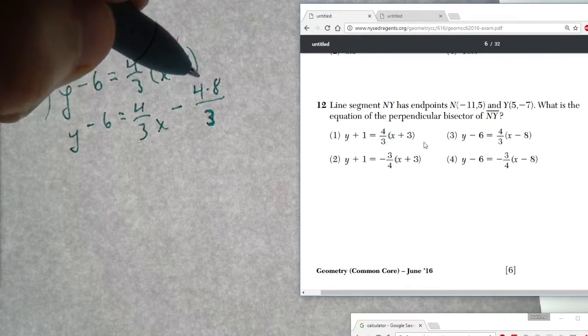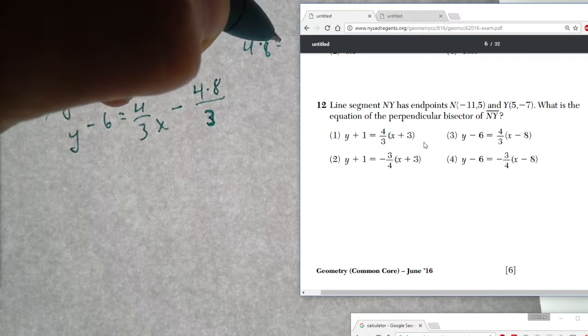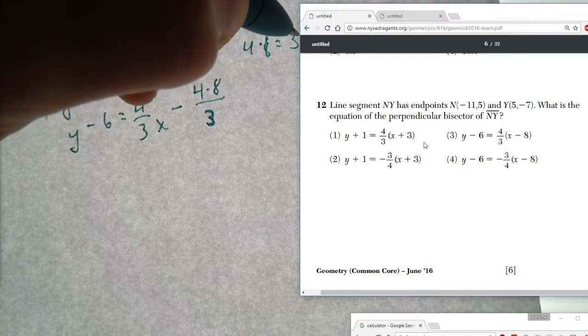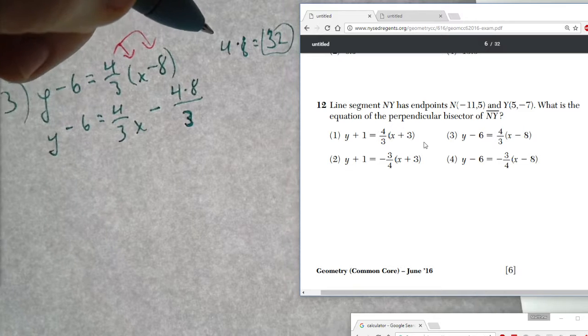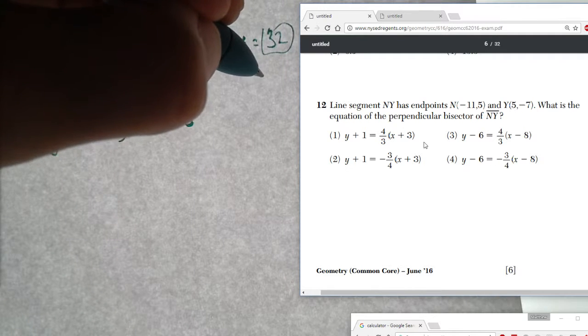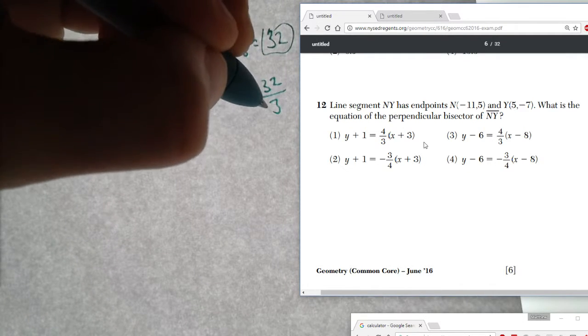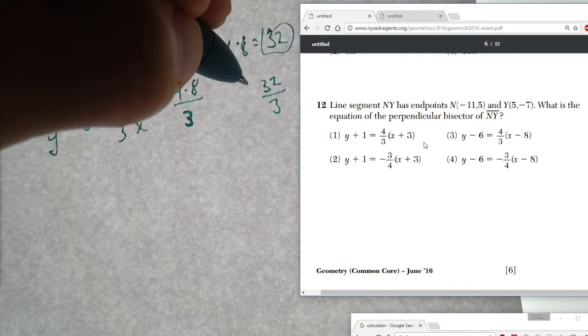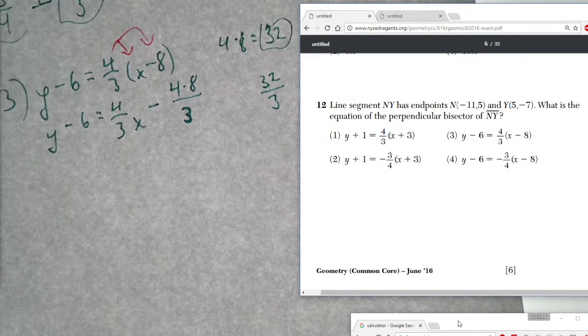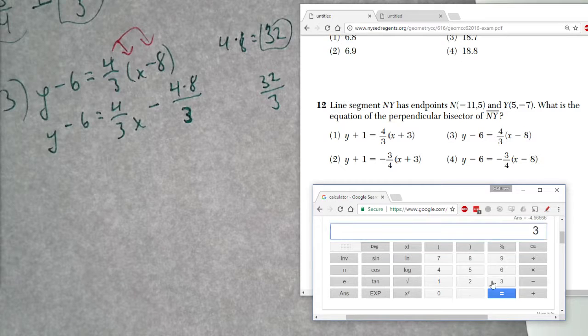This 4 times 8 gets me 32, and so then I'm going to do 32 over 3. It's a little below 11. Let's check that one out. 32 over 3, 10.6 repeating.